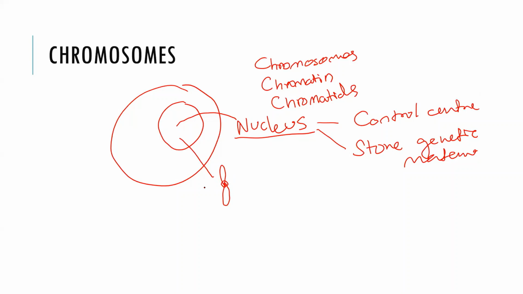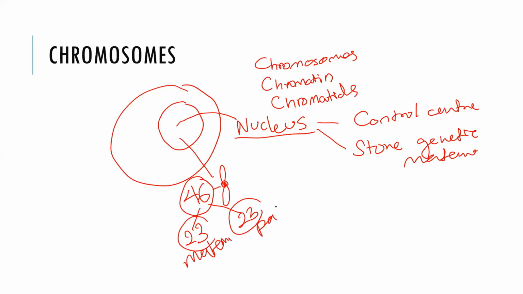Right? So you have 46 chromosomes like this. These are known as 23 pairs, 23 maternal chromosomes and 23 paternal chromosomes.